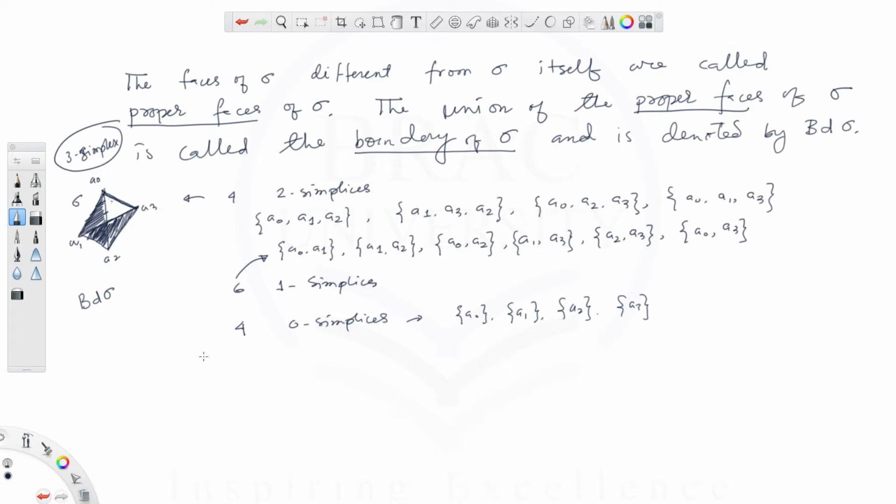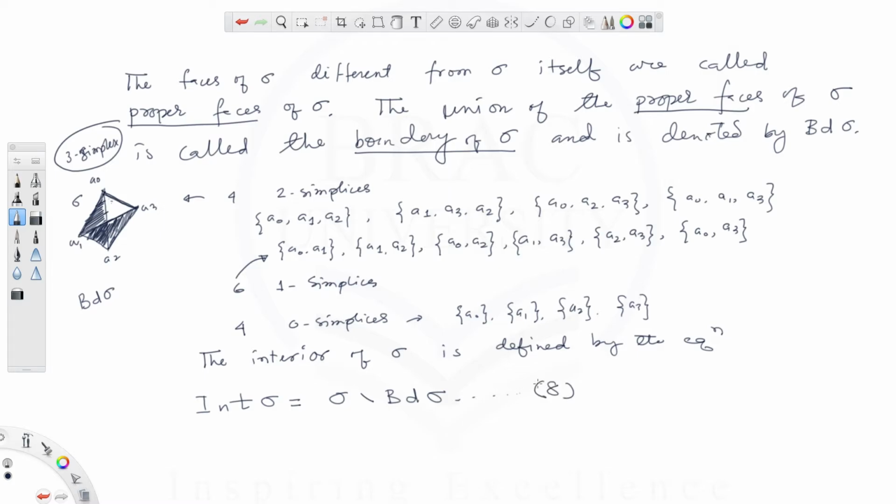The interior of sigma is defined by the equation: interior of sigma is equal to sigma minus the boundary of sigma, which we number as equation number 8.